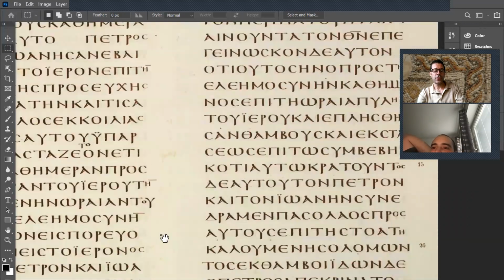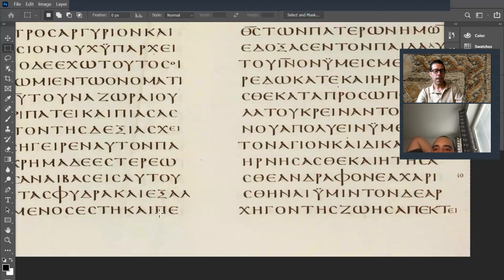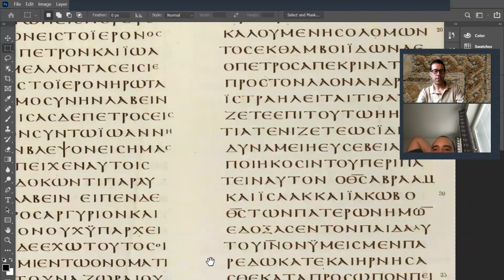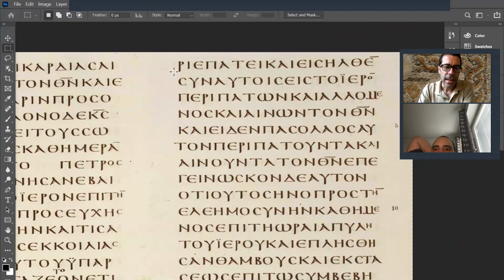One thing I noticed too is that instead of peripatei, it's periepatei. It is imperfect, which is a little different from when Peter gives him the command to walk, the imperative.